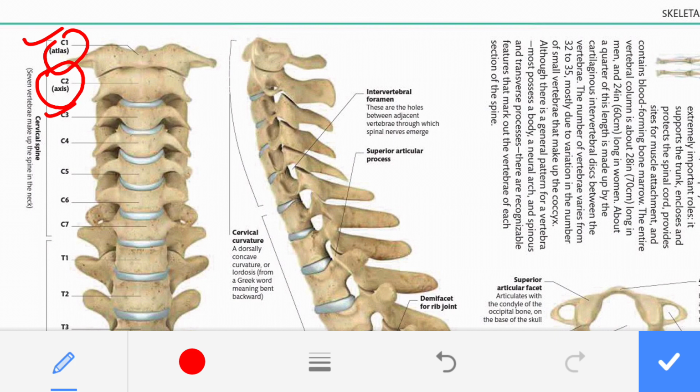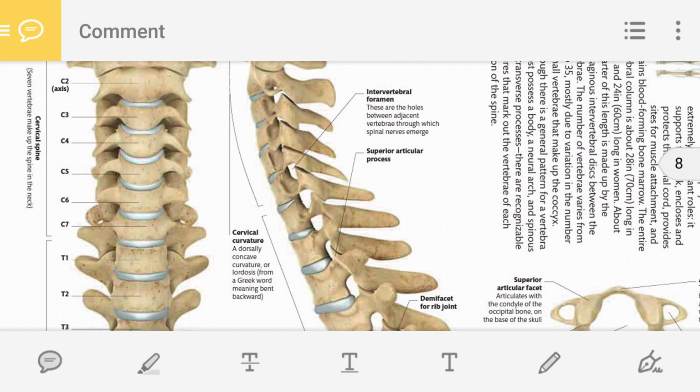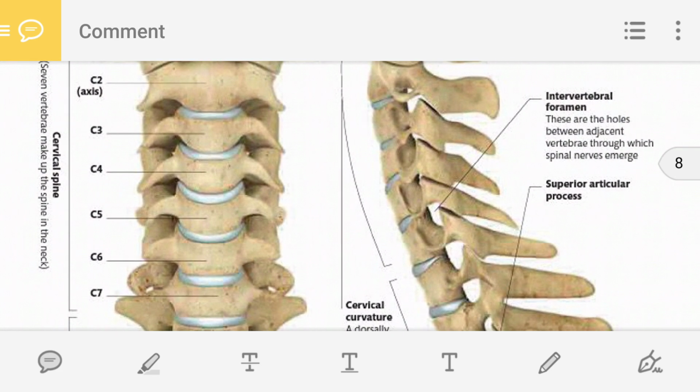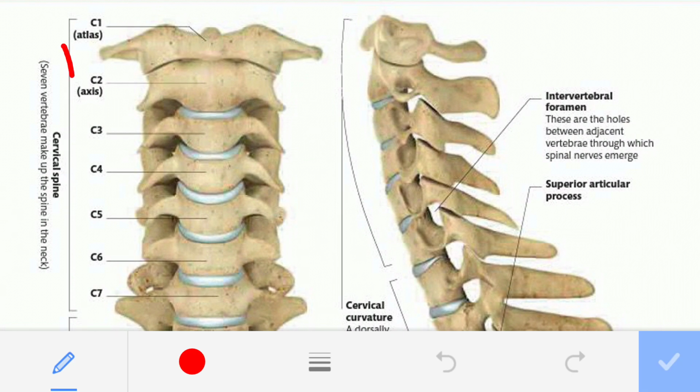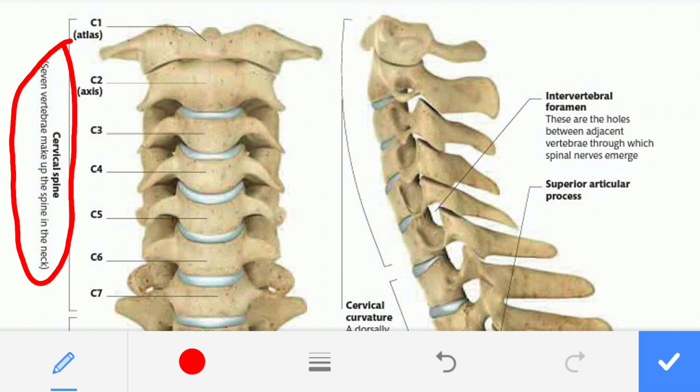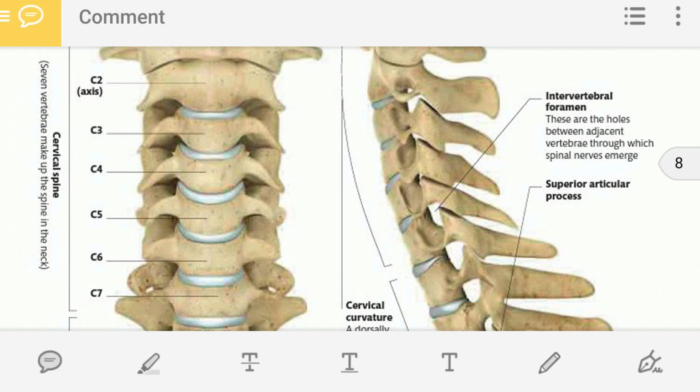Then the third cervical vertebra, then the fourth, the fifth, the sixth, then the seventh. So there are 7 cervical vertebra. Now you can read this information. What is written? 7 vertebra make up the spine in the neck. So basically these 7 are the vertebra of our neck region.